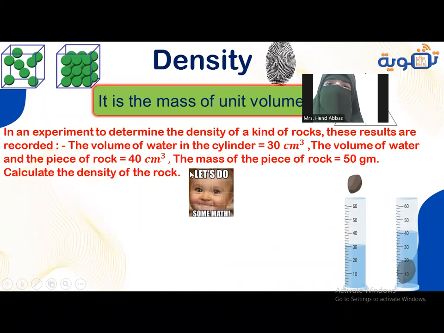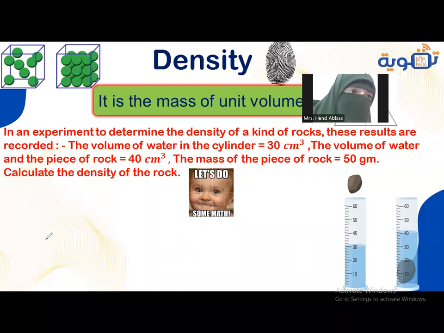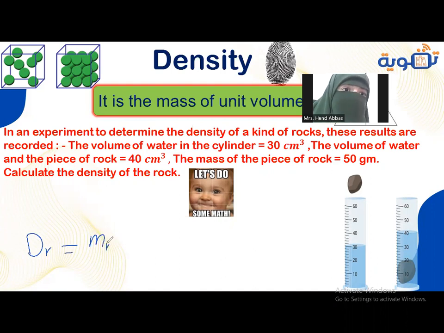In this problem, he also mentioned the mass of the rock, and we want to calculate the density of the rock. The density of the rock equals the mass of this rock divided by the volume of this rock. We have the mass of this rock, which is 50 grams.